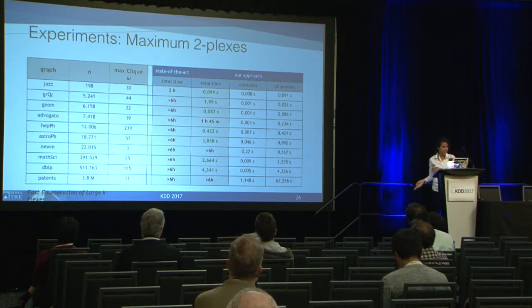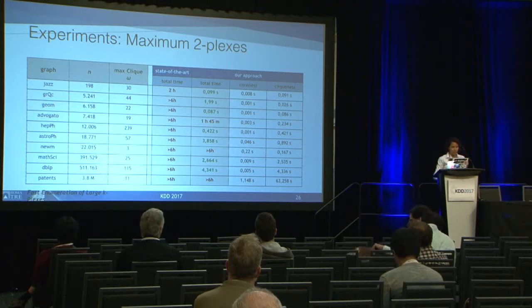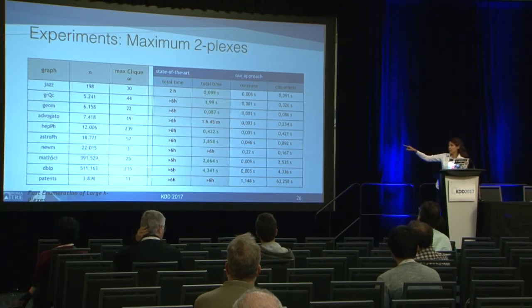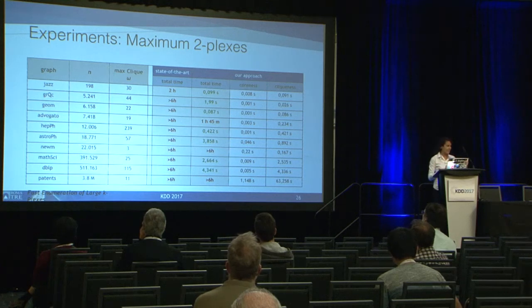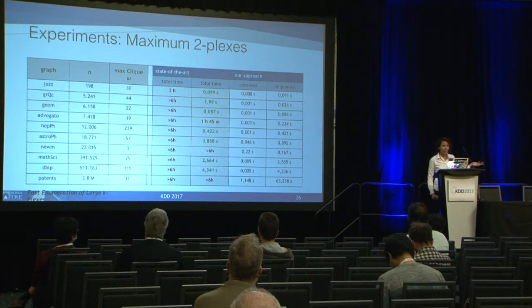Hours, seconds. And the only exception to that is the Newman graph that, as I told you, doesn't change much after the application of our filtering. And that's actually the weakness of what we did, okay?